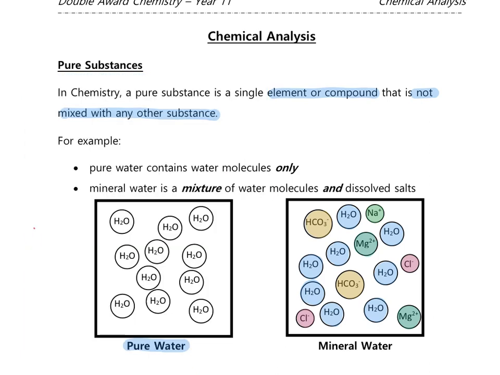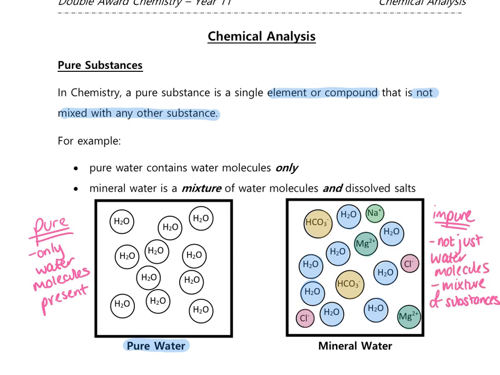So our first diagram, it is pure water. Why? Because it only has water molecules in it. Whereas our mineral water is what we would call impure. Why? Because it is a mixture of water molecules and dissolved salts. There are other substances present, not just water molecules. So this is impure.